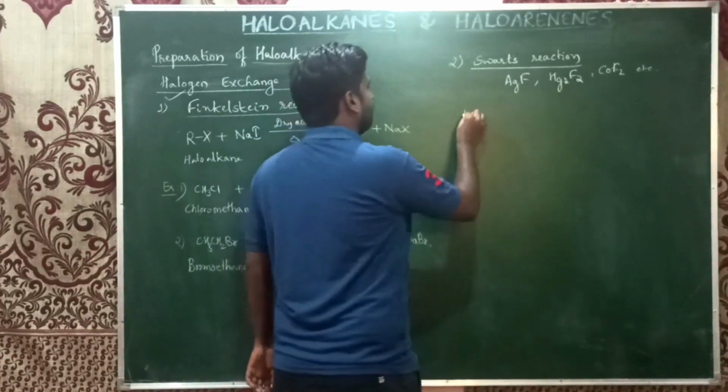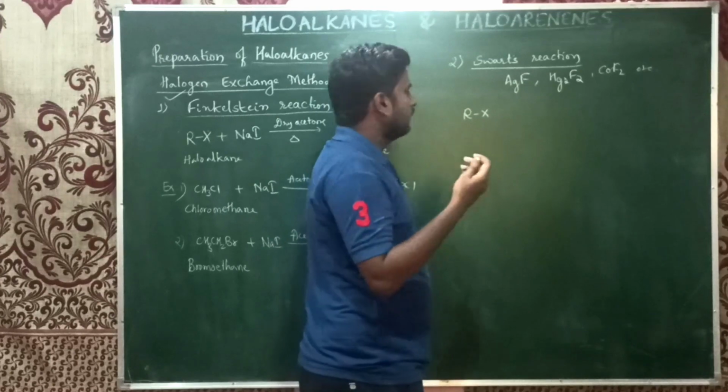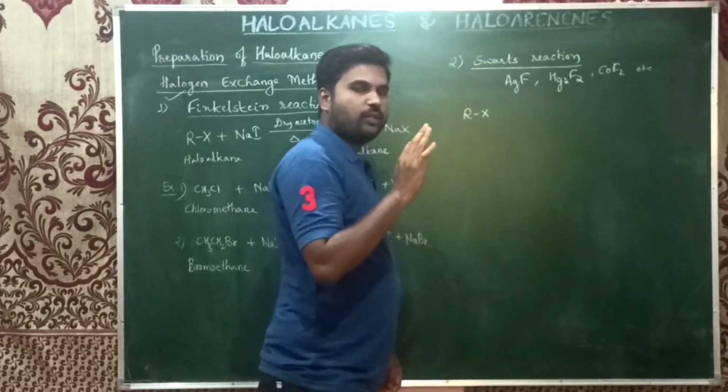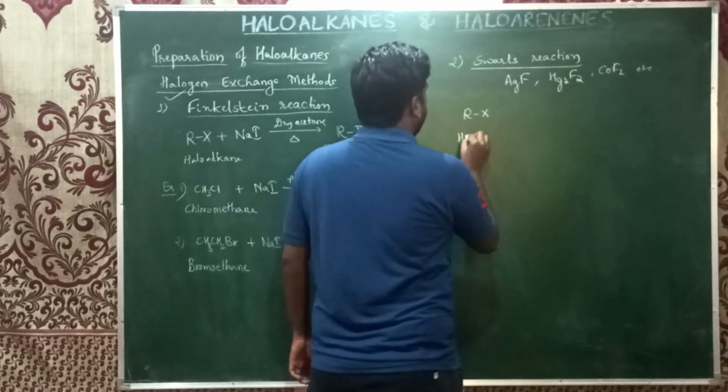These chloroalkanes and bromoalkanes stand only for chlorines and bromines. Okay, so that is a haloalkane.